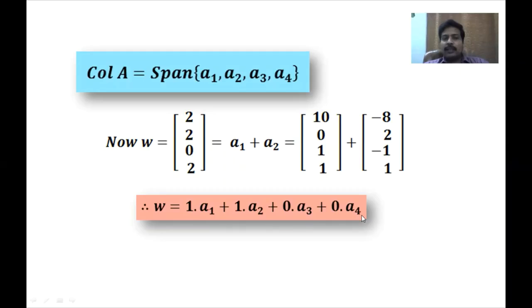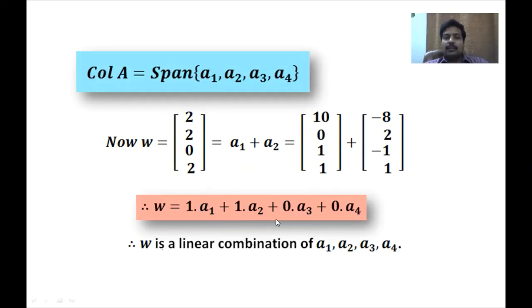Since the column space of A is nothing but the span of these four vectors, W is a linear combination of these vectors, and since it is in the span of these vectors, we can say that W is in the column space of A.